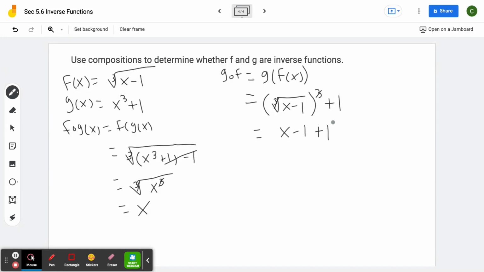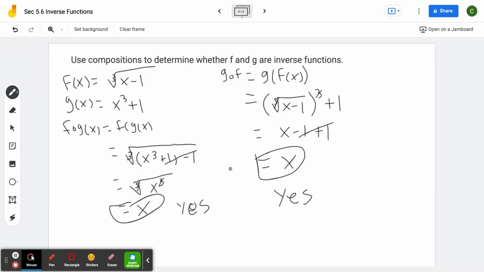The negative 1 plus 1 cancels out, and I'm left with x. So this works here. This works here. So that's a yes. Yes, and yes. So these are inverse functions.